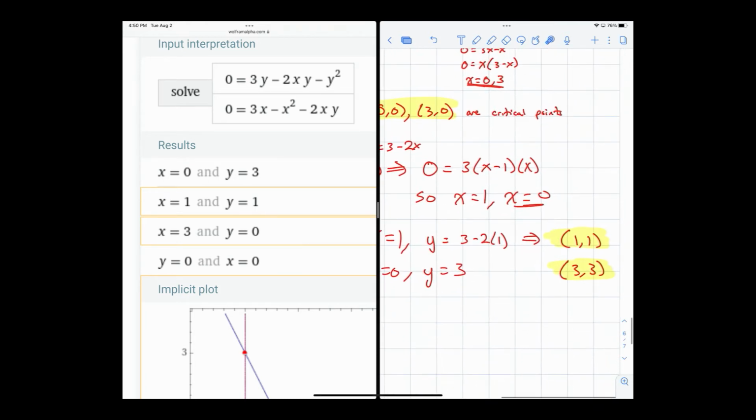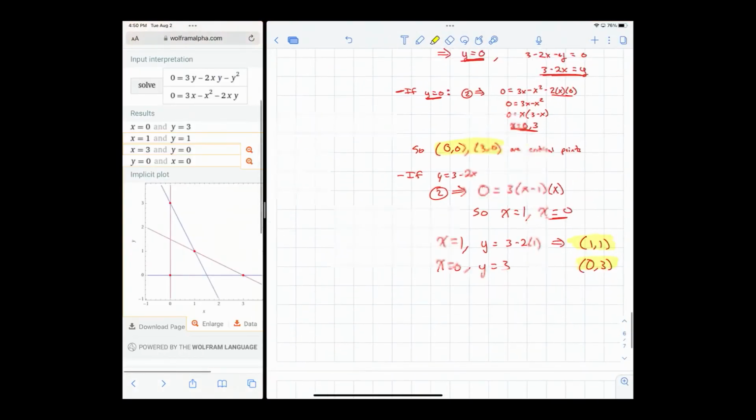Oh, I wrote 3, 3 here, but it's 0, 3. So you can find those critical points by hand, which I just did, but you'll notice the computer was reliable for solving those.